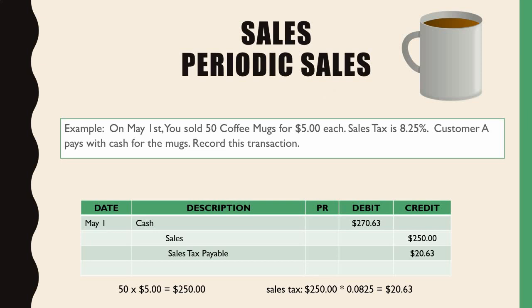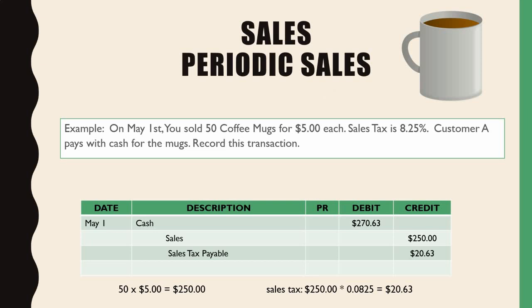So 250 is your total sales. You multiply it by 0.0825 to get the tax, and you're going to get $20.63 worth of tax. So at the end of the day, you received a lump sum of $270.63 worth of cash.